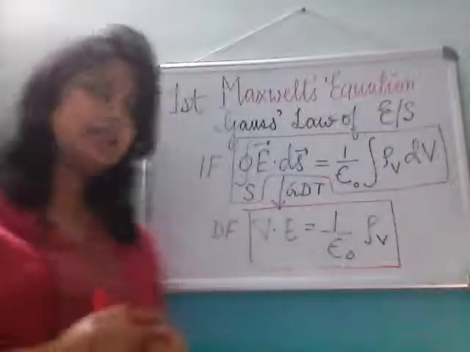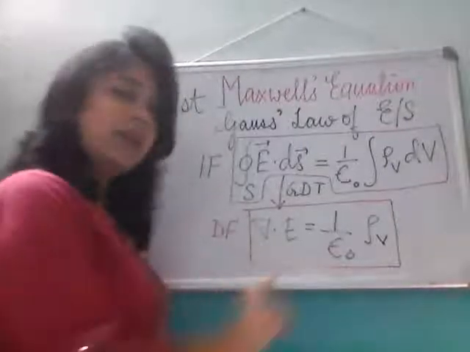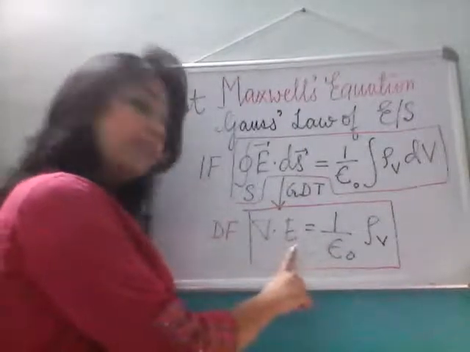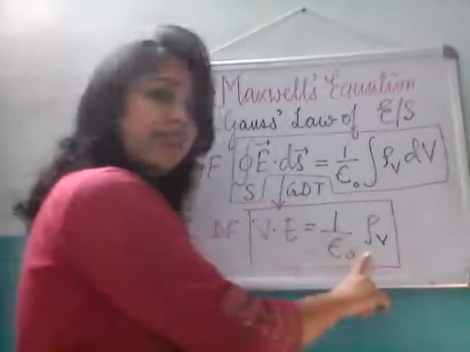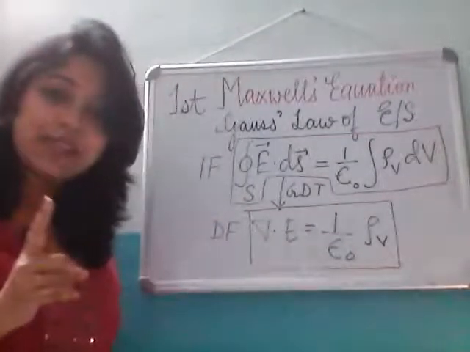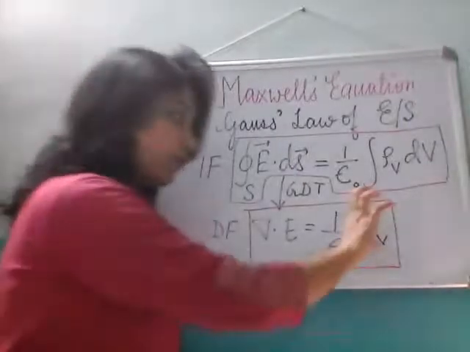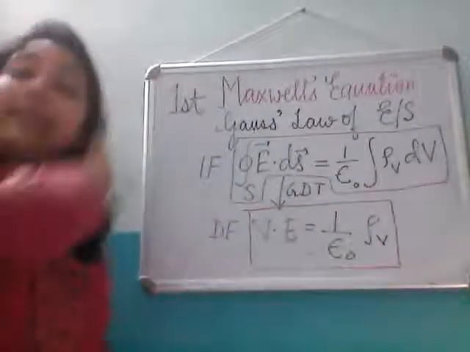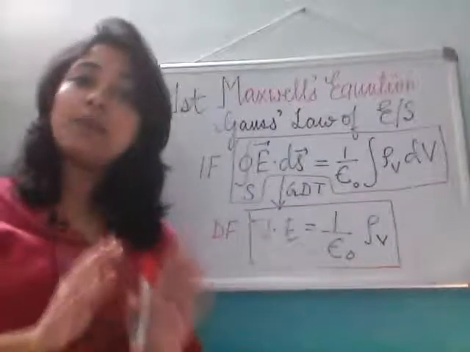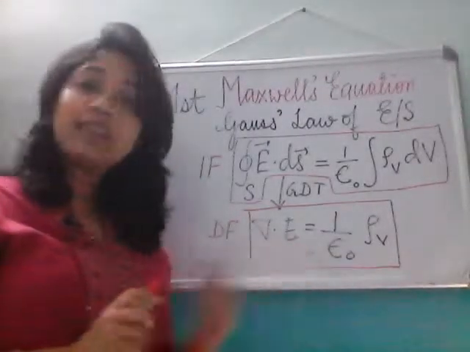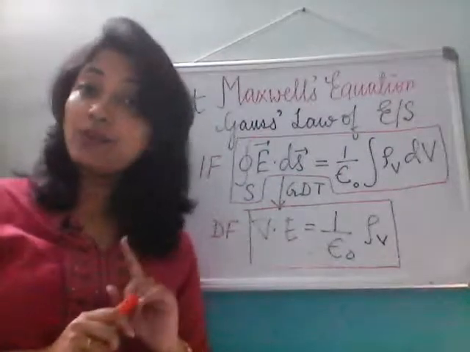The second point is, if you look into this equation, the divergence of the electric field is having a non-zero value, isn't it? It is having a value of rho V by epsilon 0. And whenever there is some charge, this divergence of the electric field is a non-zero value.